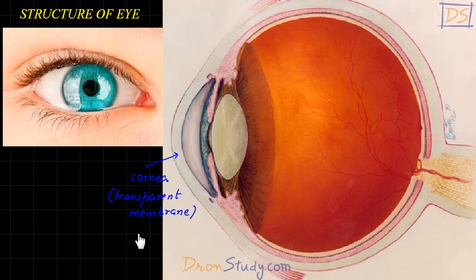What is its job, students? See, it protects our eyes. Due to presence of this cornea, dust particles or small particles cannot go inside our eyes. If this cornea will not be there, they can go inside our eyes and harm us. Okay, so it protects eye from dust particles.